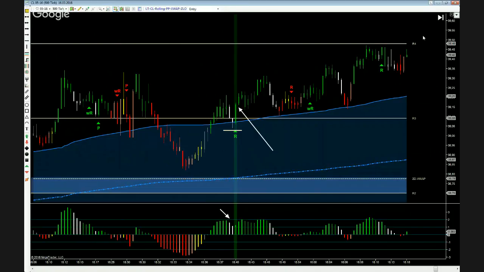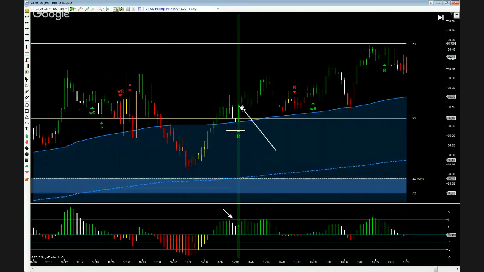And what we see here is resistance level 4 and resistance level 3. And then we have the 2-day volume weighted average price of 2 days ago down here. And so the next logical level of the resistance in the direction of the trend is this area up here. So this line here is going to be our target.